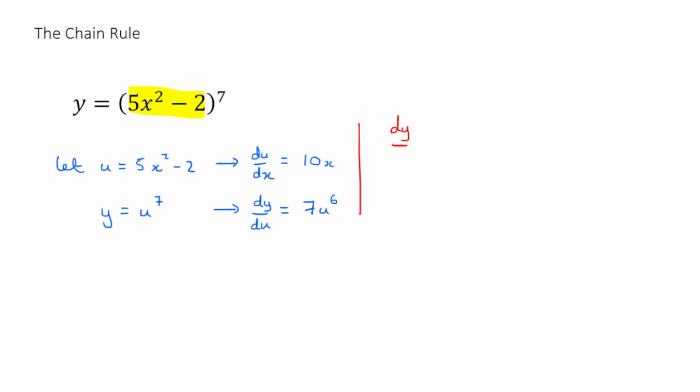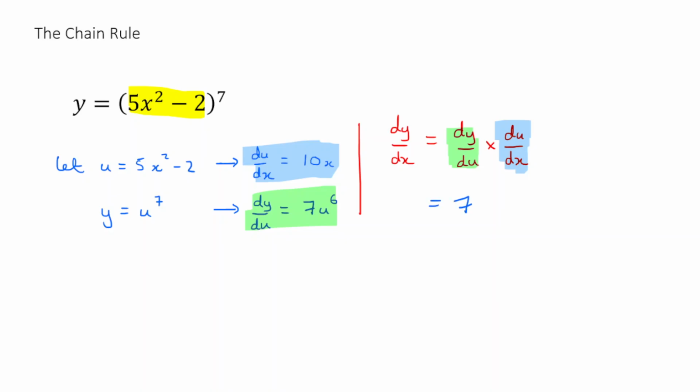What's the rule? Well, dy dx is equal to dy du times by du dx. Right? We're going to take this thing, dy du, and times it by du dx, this thing here. And if we do that, what we're going to get is 7u to the power of 6, and we'll just replace u again with 5x squared minus 2, times by du dx, which is 10x.